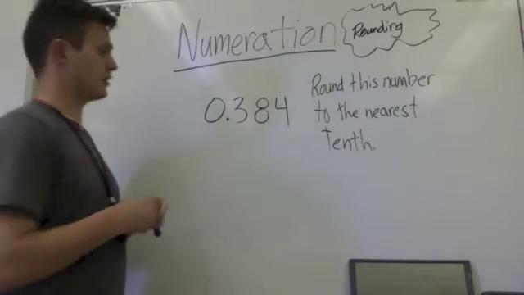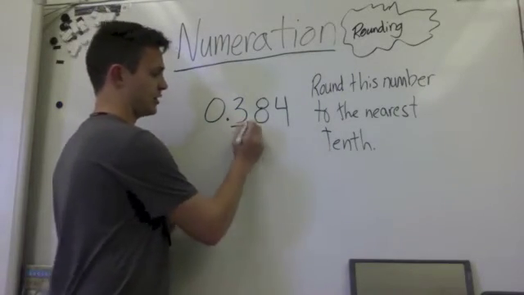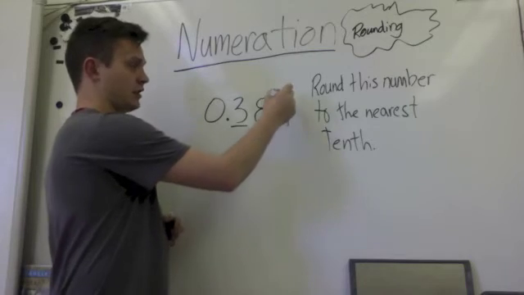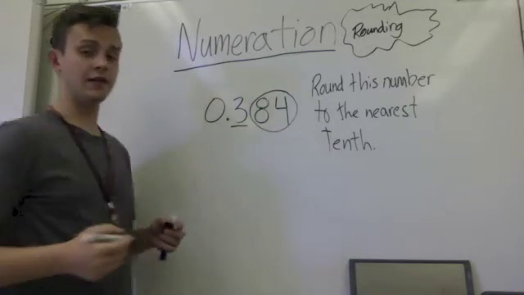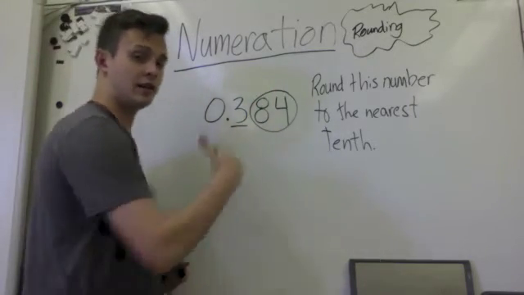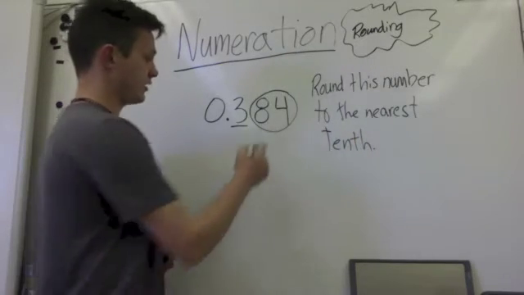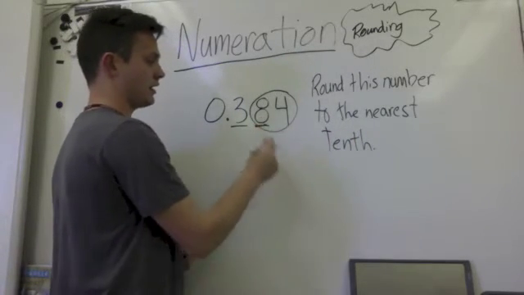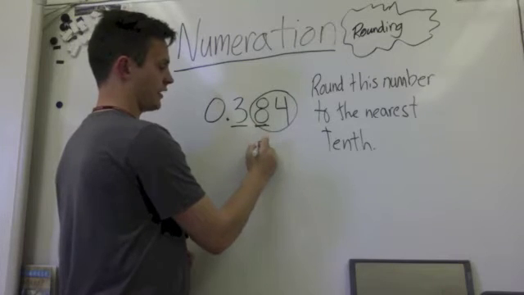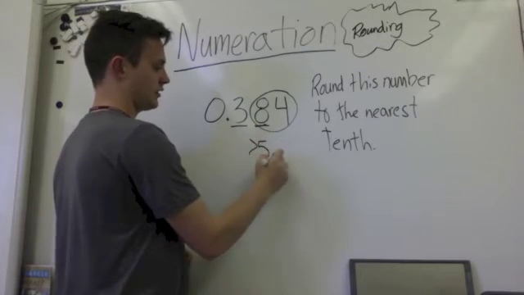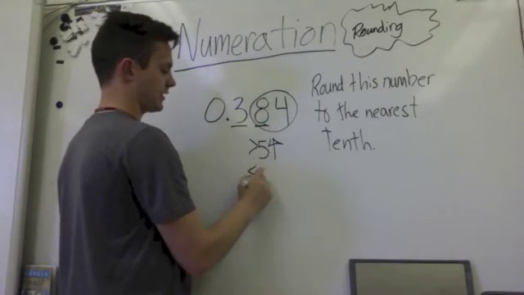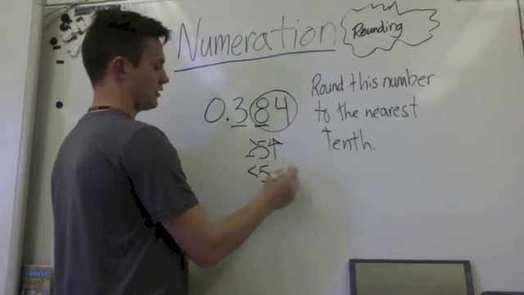Rounding. So you'll be asked, round this number to the nearest tenth. If you know that this is the tenths position and we're supposed to round to the nearest tenth, you need to look at the number one smaller in the place value. So you look at this 8. If it's 5 or greater, then move it up. If it's less than 5, move it down.